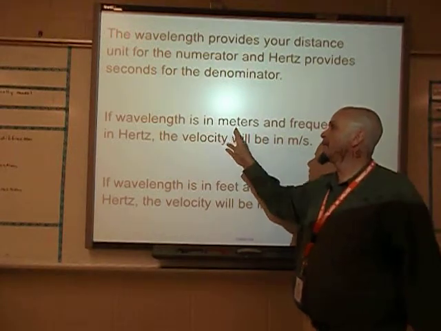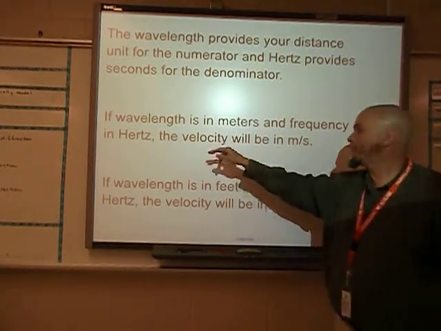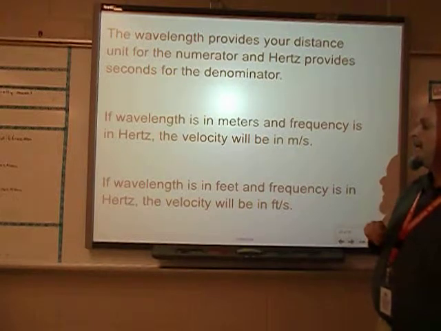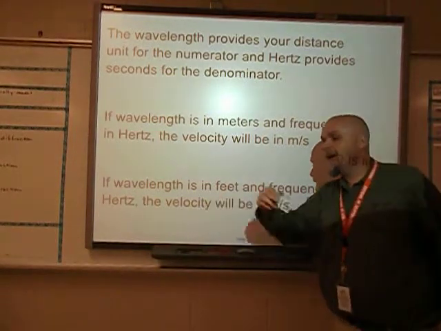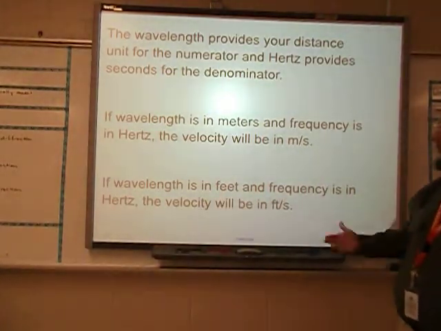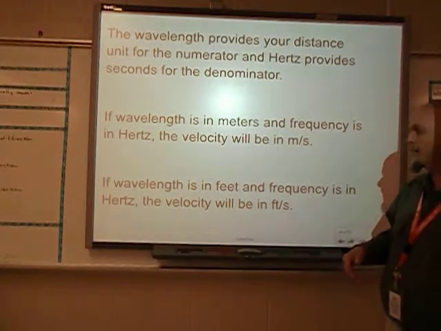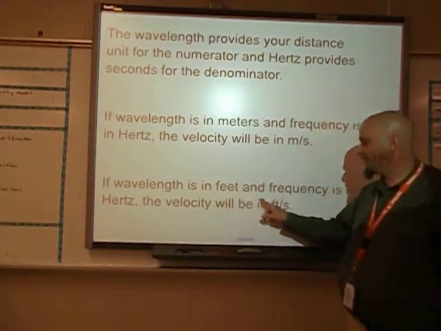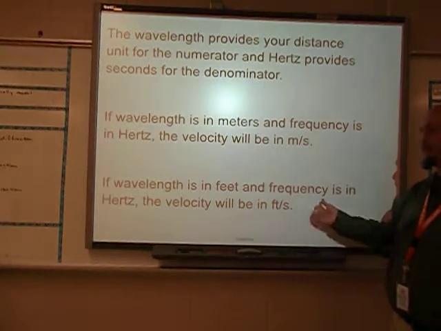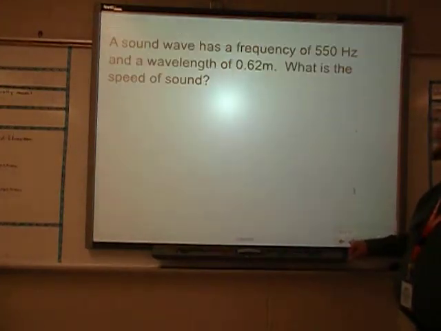If your wavelength's in feet and your frequency's in hertz, your velocity is going to be in feet per second. Again, the wavelength brings the distance unit, hertz brings the seconds to the party.